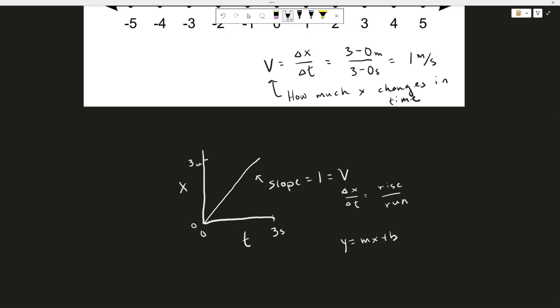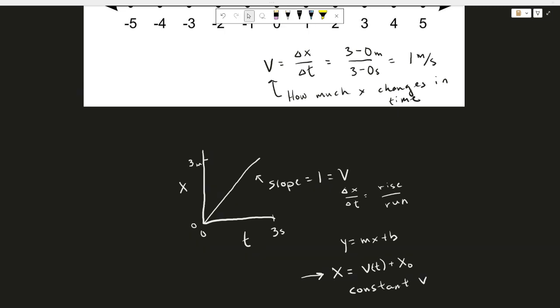So we already determined that x naught was 0, so I could say that x is equal to v t plus b, which is going to be x naught, which for our graph is 0, because I already told you that we started at 0. This is an equation for a constant velocity.